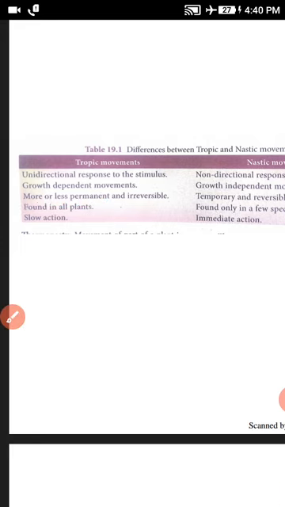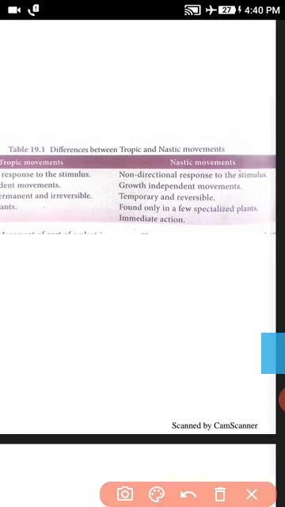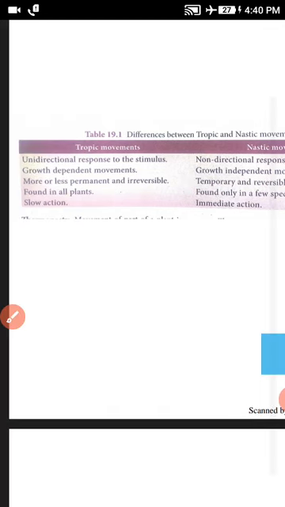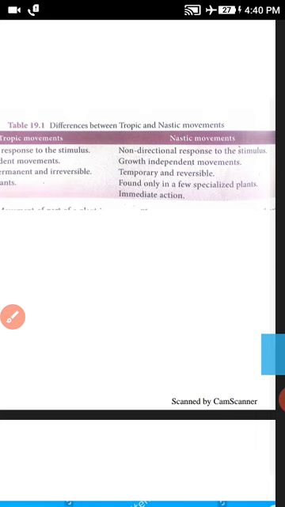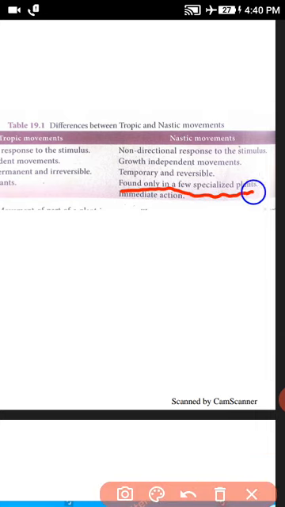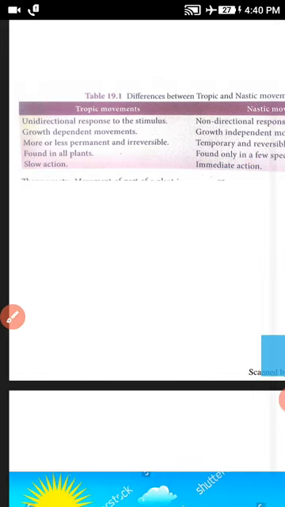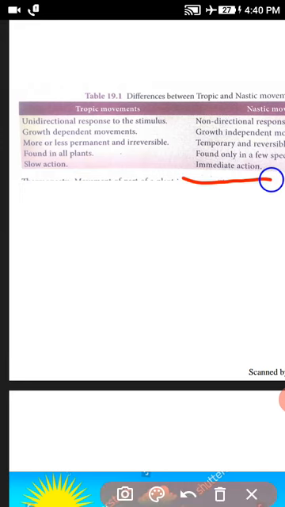Nastic movements are temporary and reversible. Next, tropic movements are found in all plants. Nastic movements are found in only a few specialized plants. Next, tropic movements are slow action and nastic movements are immediate action.